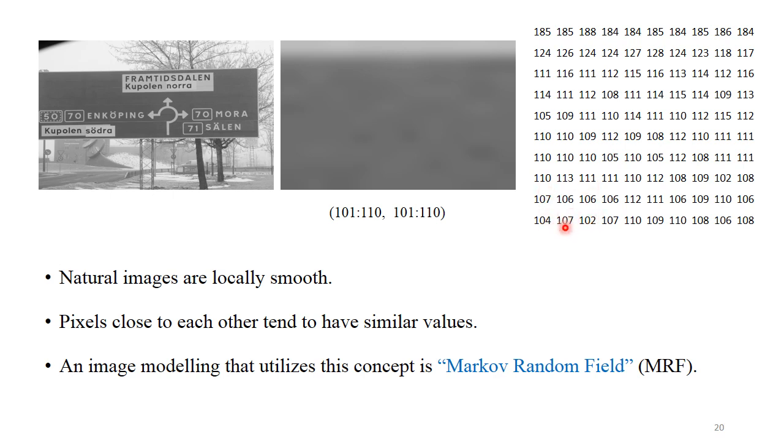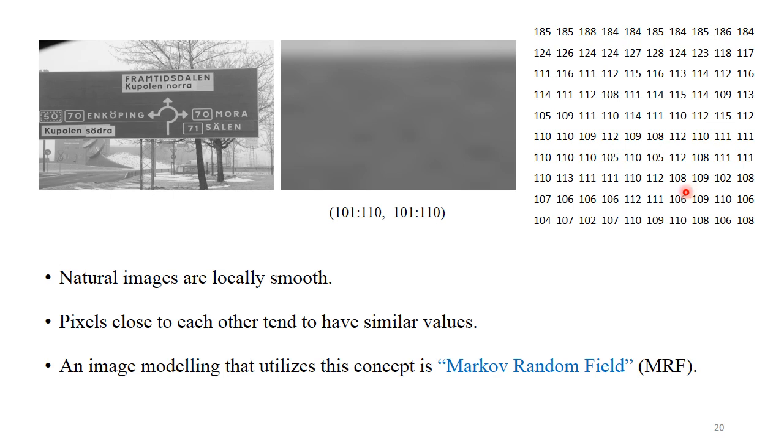Even if this 107 is made 105, still we are not going to get any change with respect to texture in the image, because they are again close to each other, right? Whenever there is a change, that is the variation in the gray level value we are going to have. Otherwise this common area is going to have almost similar pixel values close to each other.